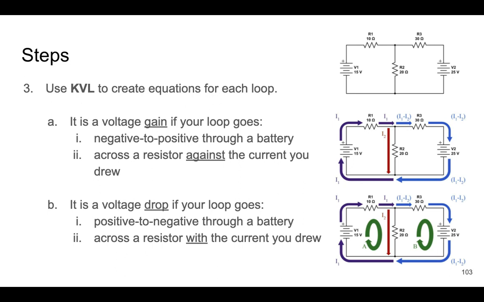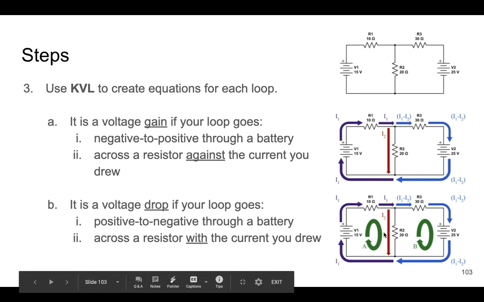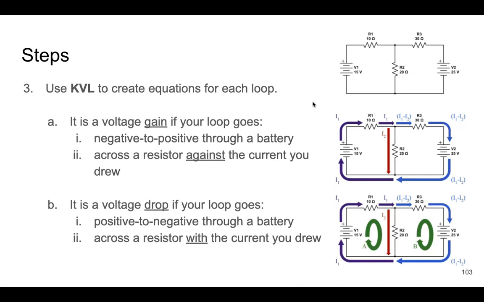So after you've drawn your loops, you use KVL to come up with a couple of equations to create a system of equations that ultimately you can solve. Remember the rules for gains and drops. It's a gain if you're going negative to positive through a battery, and it's a gain if you're going through a resistor against the current you drew.